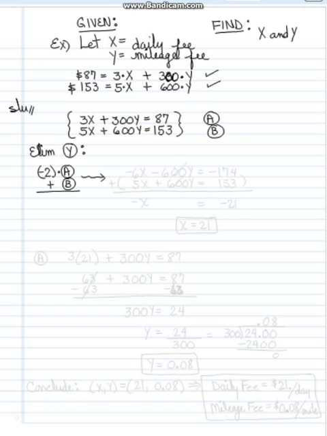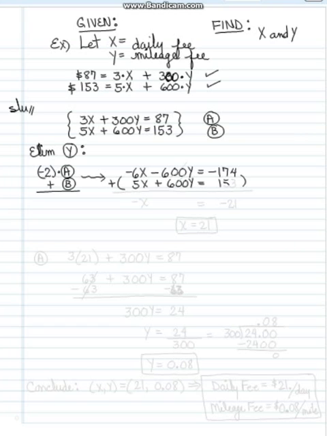Now, -2 times A is -6x minus 600 times Y equals -174. And to that, we're going to add the B equation, which is 5x plus 600y equals 153. See how the y's are going to disappear?